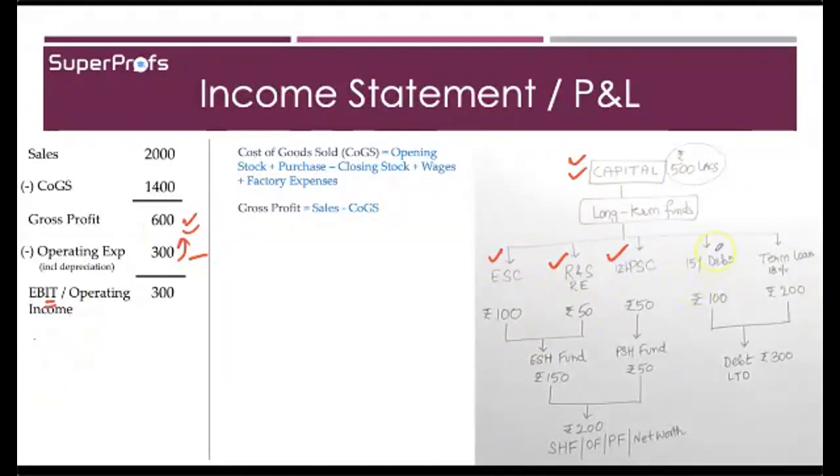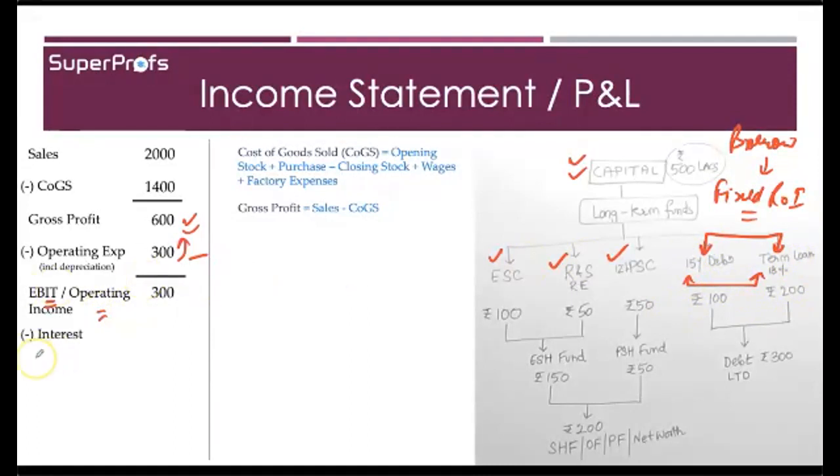Now remember, these two sources, that is debentures and the term loan, were taken from borrowers, and you had promised that you will give them a fixed rate of interest. This interest that is to be paid in lieu of debentures or the loan is what you have to subtract from the operating income.